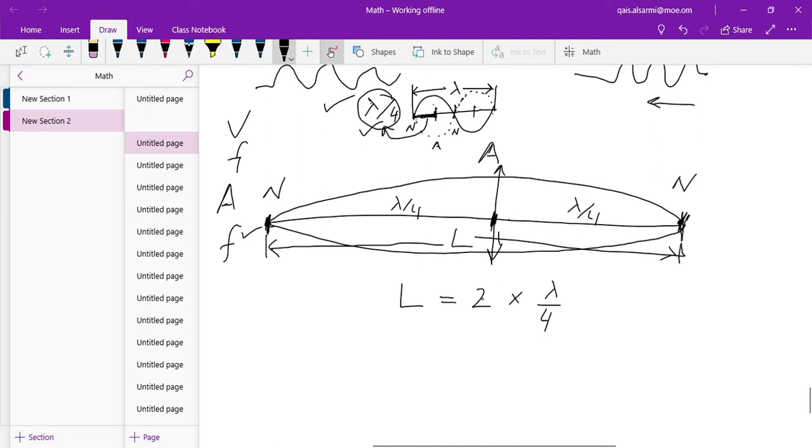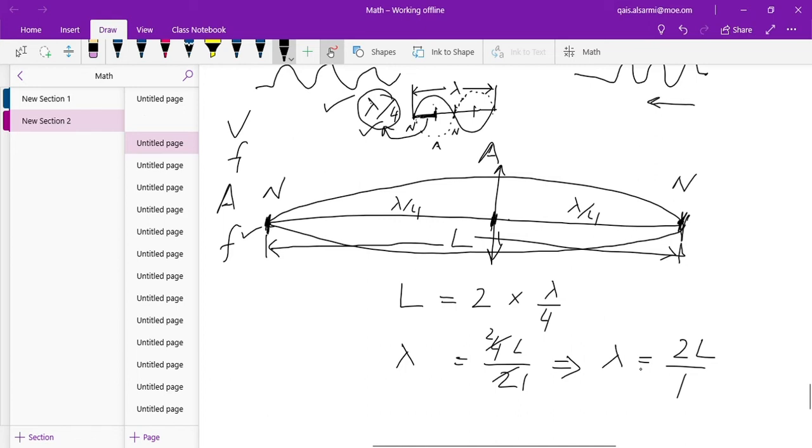So it's basically 2 times lambda over 4. Now making lambda the subject, you can write the equation as 4L over 2, or this implies that lambda equals 2L over 1, by cancelling 4 and 2.